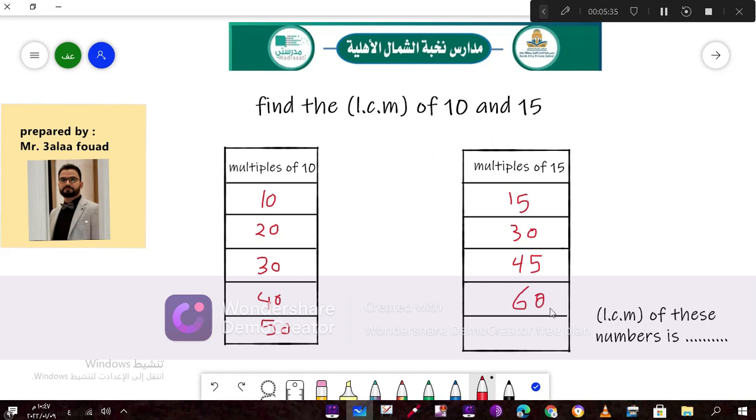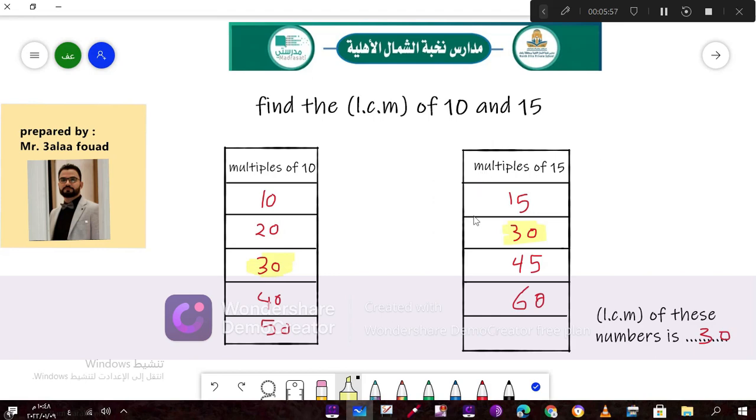Now I'm going to use the same numbers to show how to find the LCM using prime factorization. The answer here is 30: the LCM of 10 and 15 is 30.